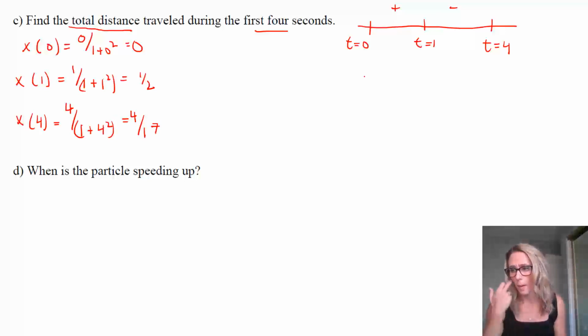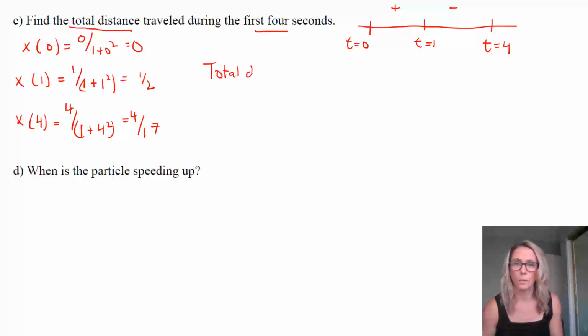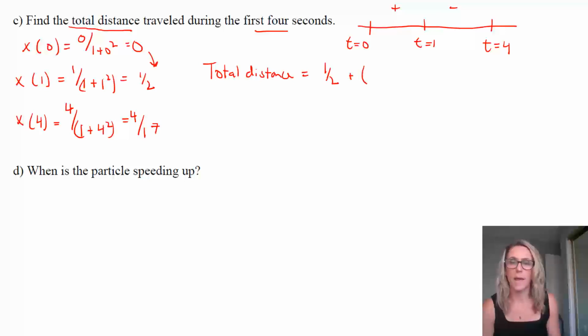So the total distance is essentially 0. It's just at 0. So it goes from here to here, so we have 1/2 plus, and then what it does is it goes from here back to 4 over 17.